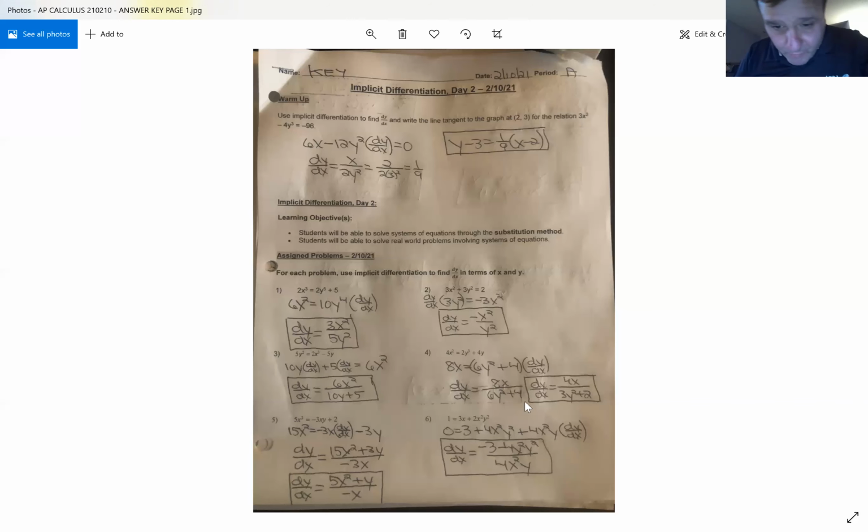Yep, that should be 4xy squared. This one's right. And you should take the 2 out of here. The 2 doesn't need to be here because the derivative of 2x squared is 4x. So in 6, take the square out of the numerator, which I'll send in a different attachment.